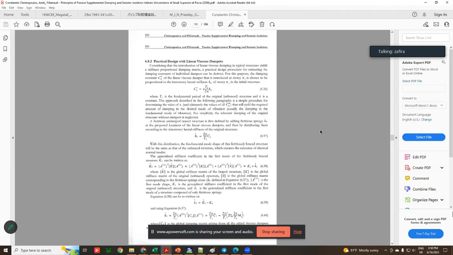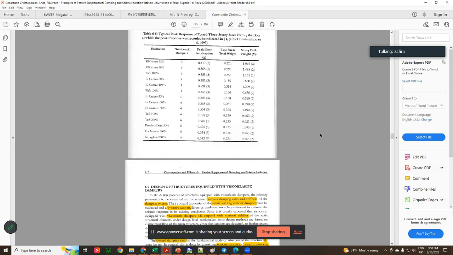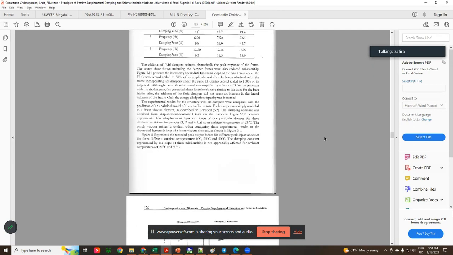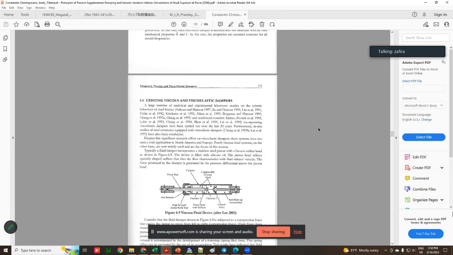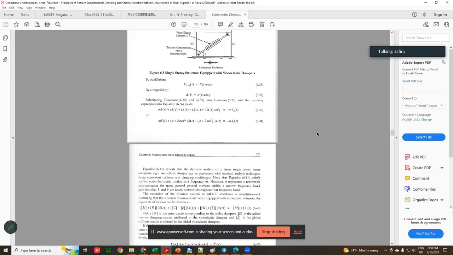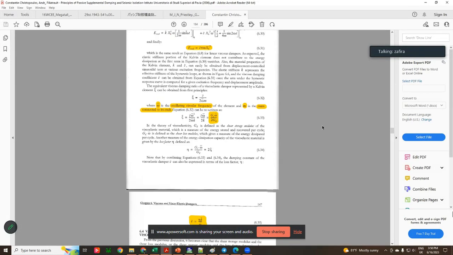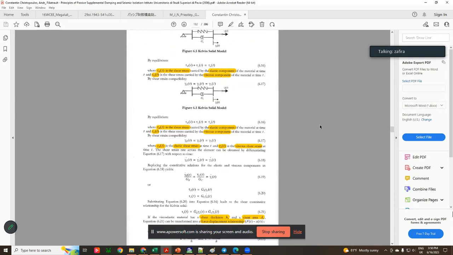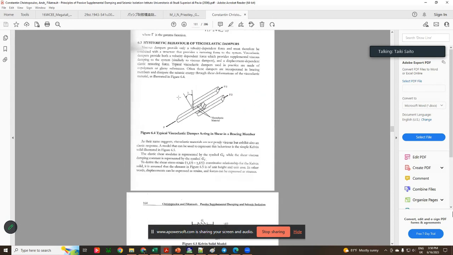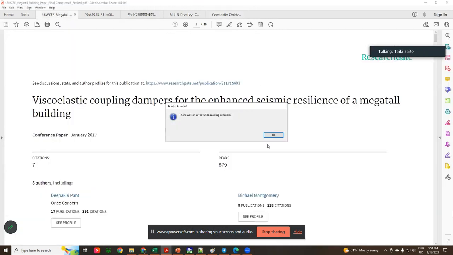In Christopolis, they use a small device because the displacement of the H-series is also very small and the force is also very small. So we start from here. This is the picture that they give. Oh, okay, it is very small. But there is another paper writing about the device in the high-rise building.